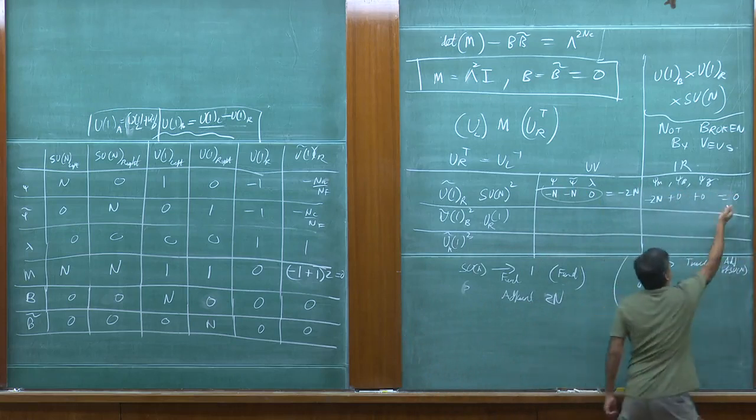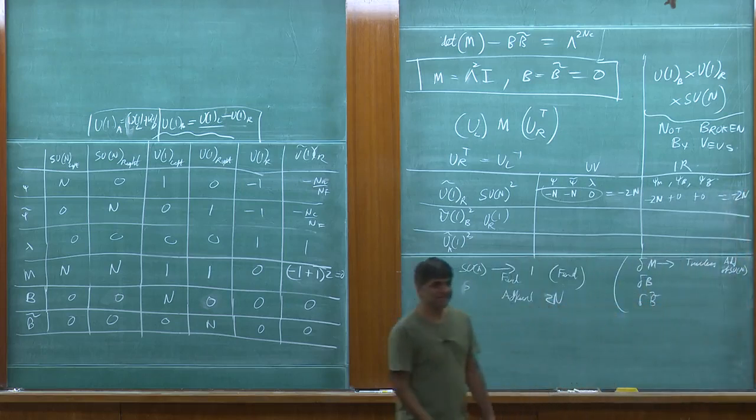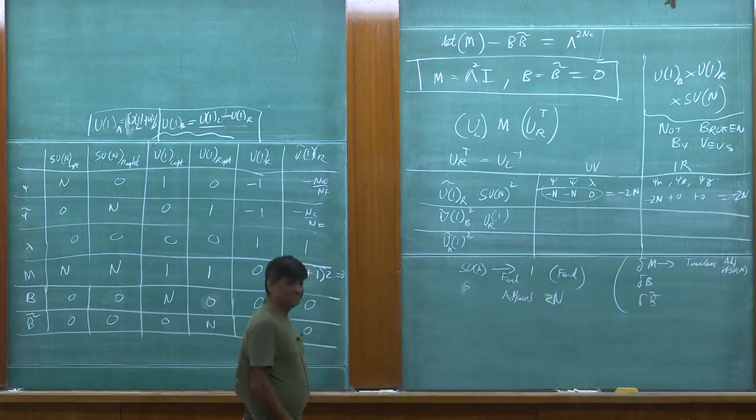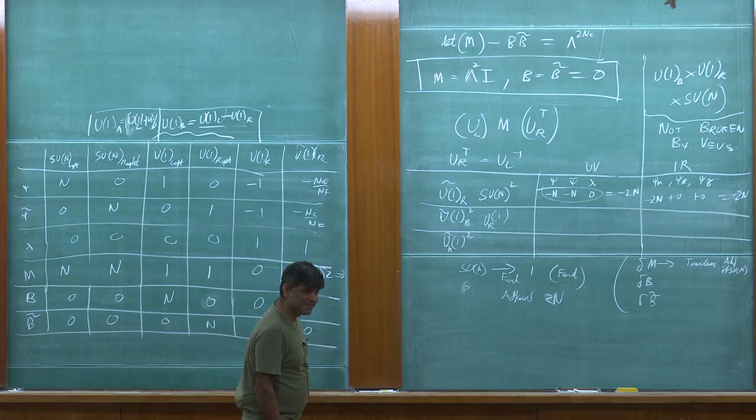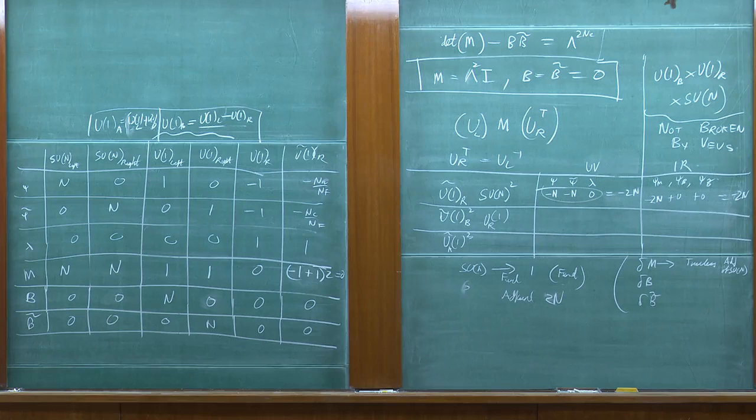That's how we get -2. It has U(1)_R charge, but it doesn't transform under SU(N) squared. It's a singlet under SU(N) squared. So you see how the anomalies are matching between UV and IR.